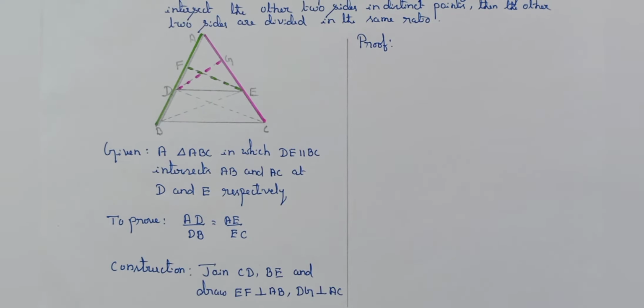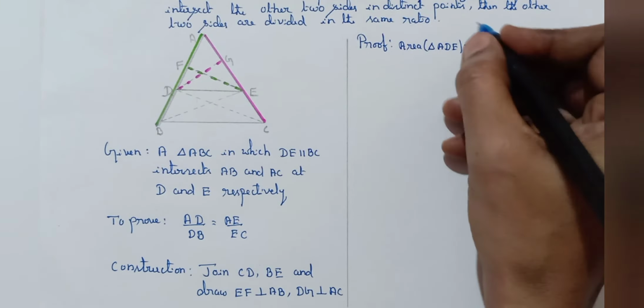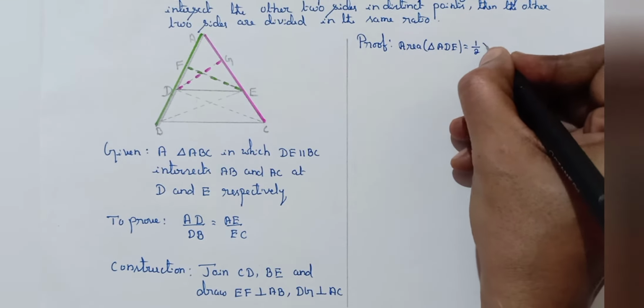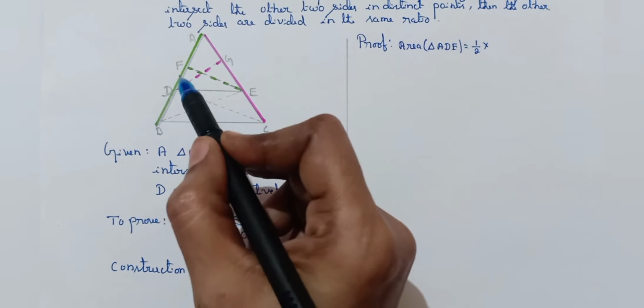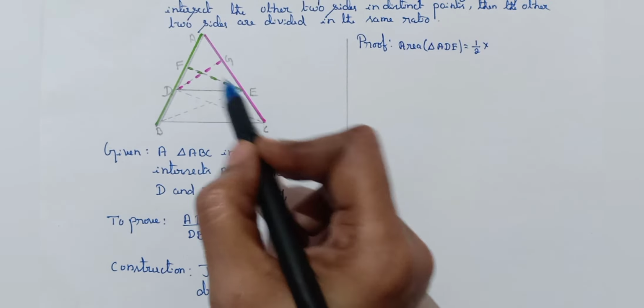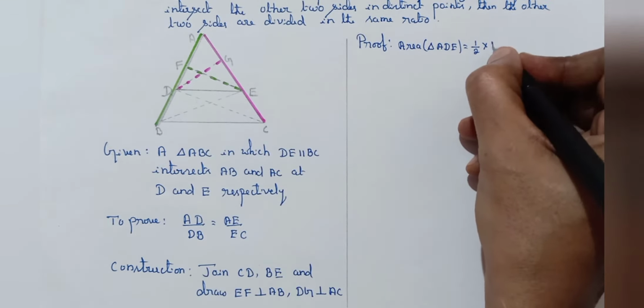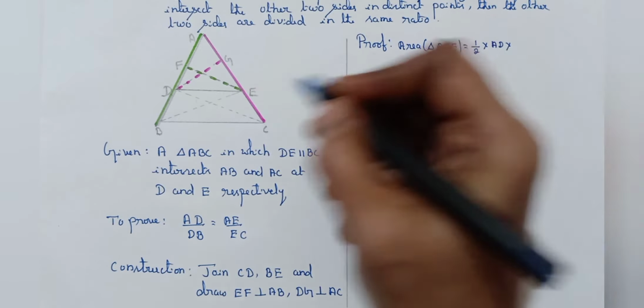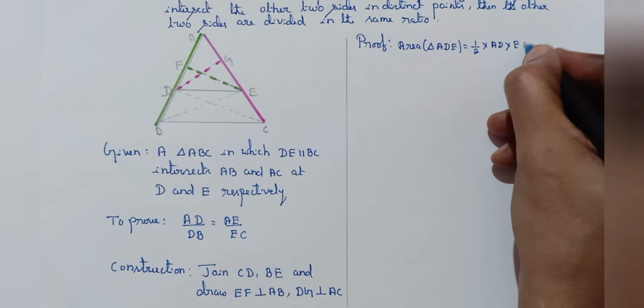You know, the area of the triangle is half into base into height. Now, take the area of the triangle ADE. Area of the triangle ADE is equal to half into base. Here, the base of the triangle ADE is AD and the height is EF.